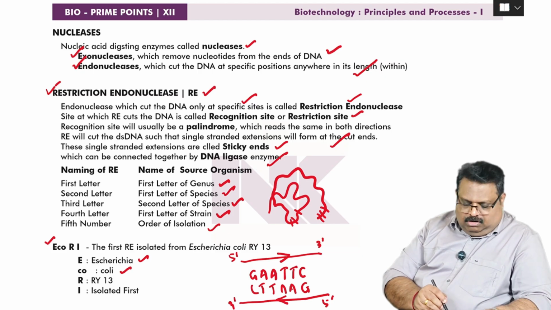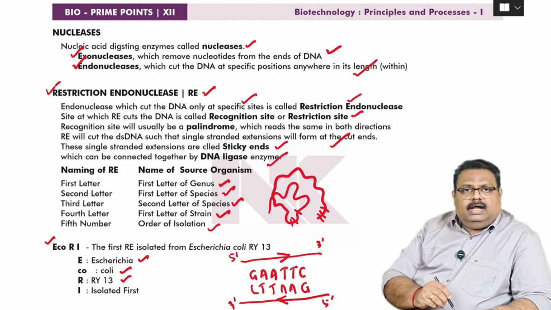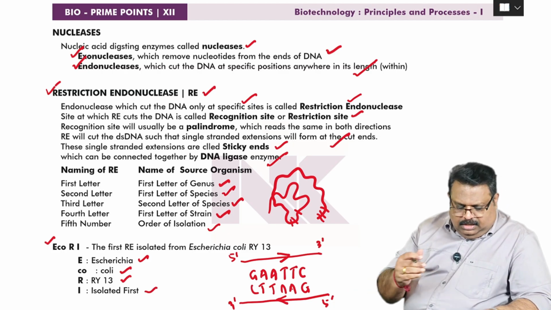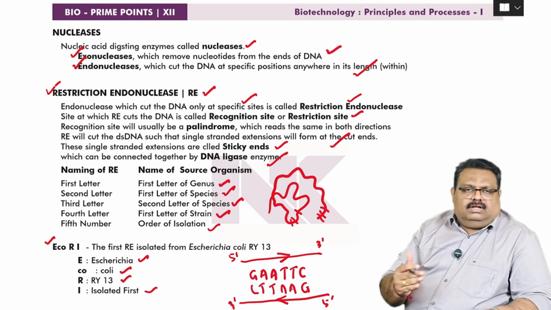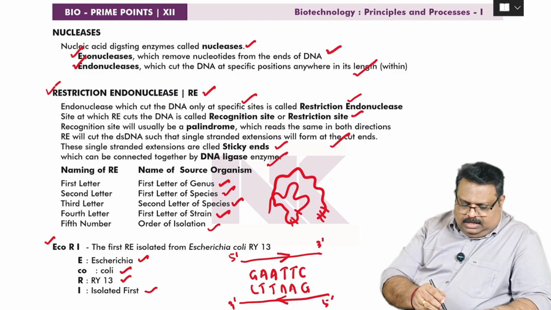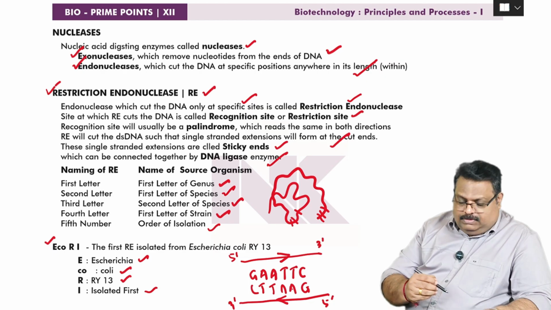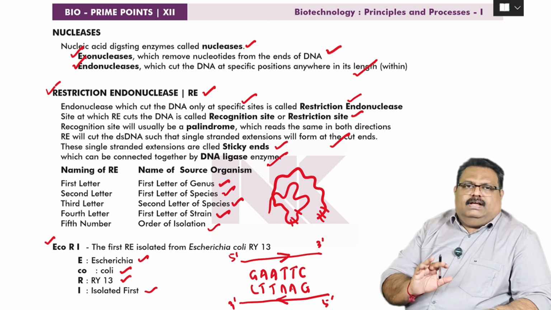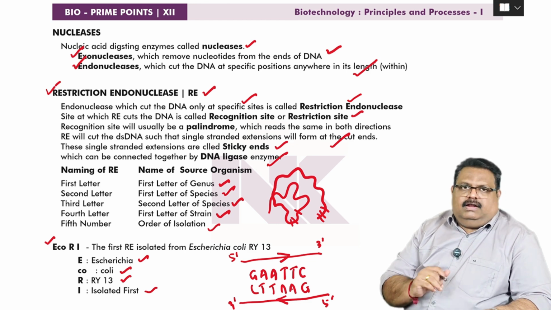RY13, R, first letter of strain name. And 1, isolated first. The second isolated enzyme may be called EcoR2 or EcoR3, like that. So, in the naming of RE, the first letter of genus, the first two letters of species, the first letter of strain, and then there is a number indicating the order of isolation. This is the naming pattern of RE.